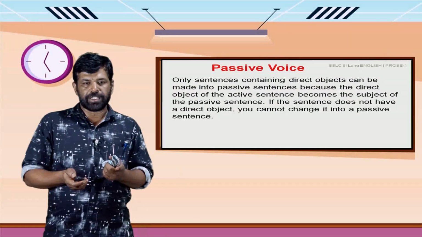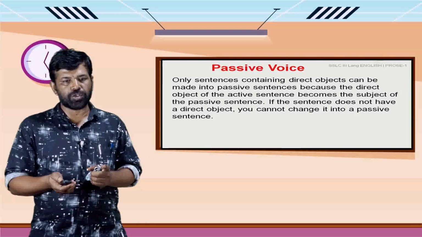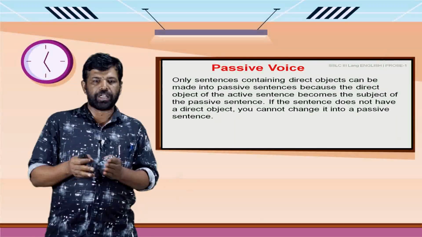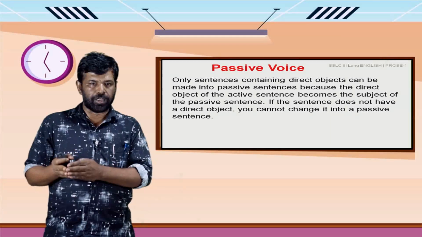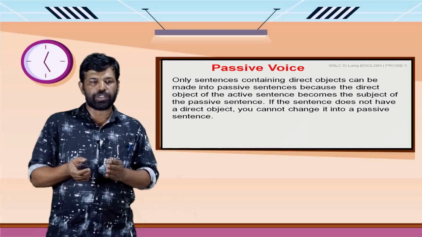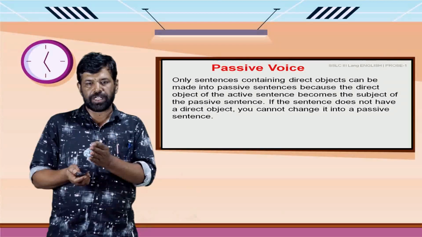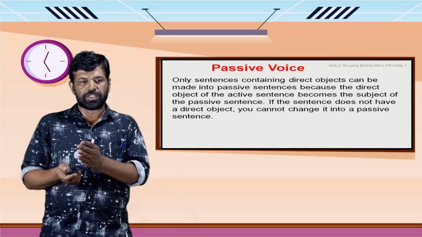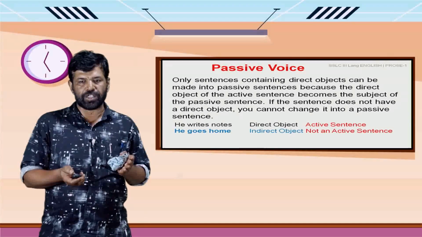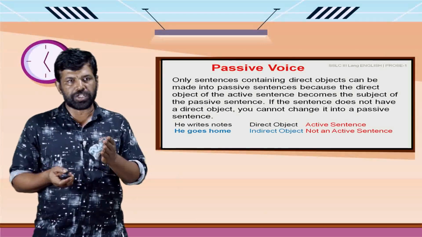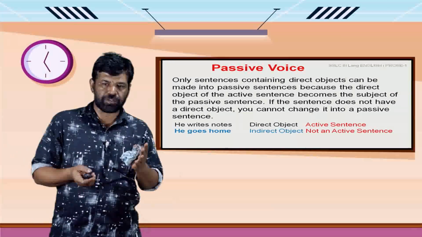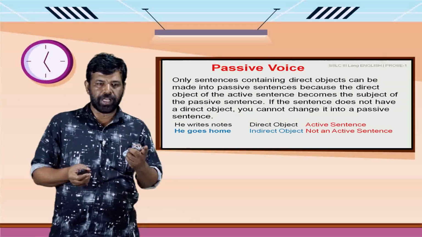Only sentences containing direct objects can be made into passive sentences, because indirect objects normally don't take passive form. The direct object of the active sentence becomes the subject of the passive sentence. If the sentence does not have a direct object, you cannot change it into passive voice. Here is an example. He writes notes.